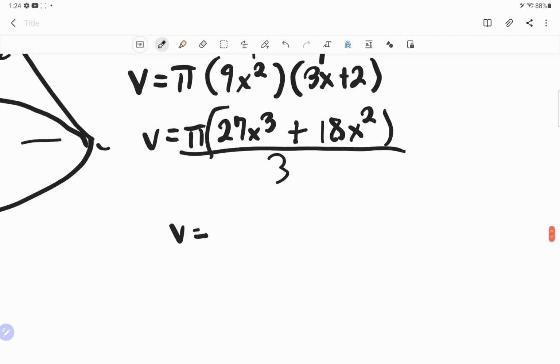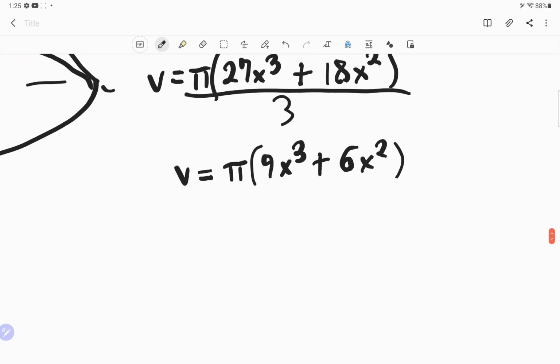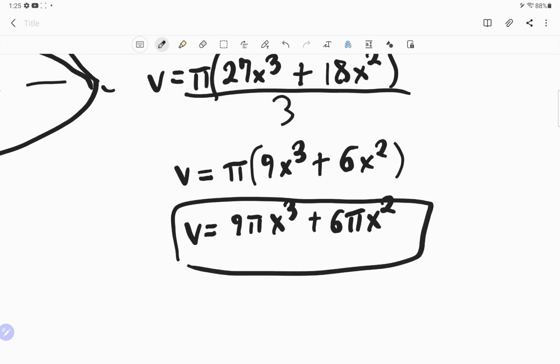So my volume is going to equal pi times 9x cubed plus 6x squared. And finally, I'm going to distribute my pi with everything. I'm going to have 9 pi x cubed plus 6 pi x squared. And that's going to be my final answer.